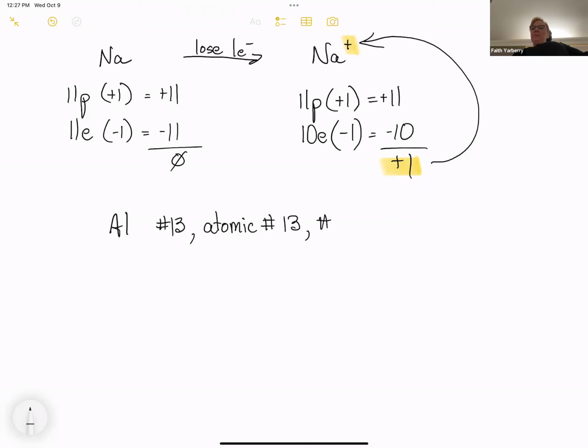Therefore, its number of protons equals 13. And the number of electrons in a neutral atom is equal to 13. Aluminum is a metal, so it forms a cation.